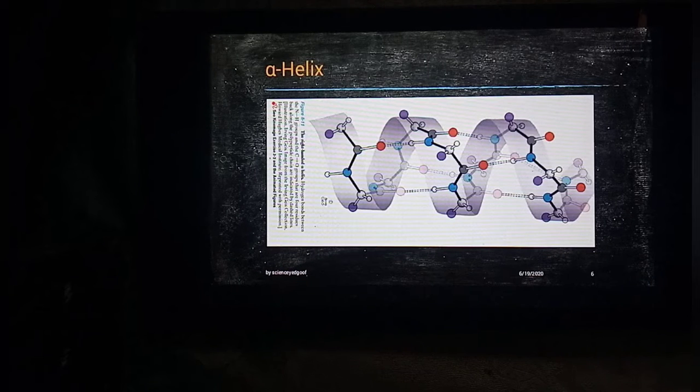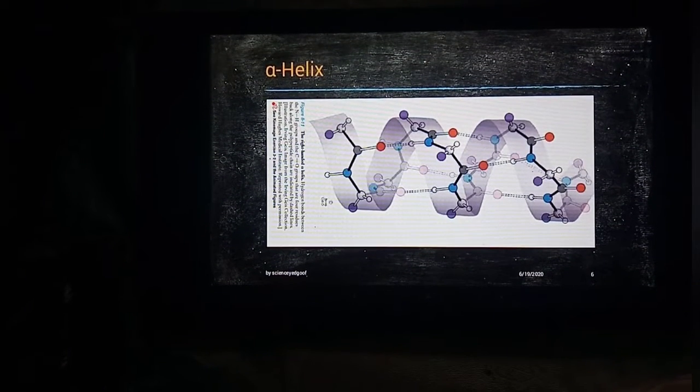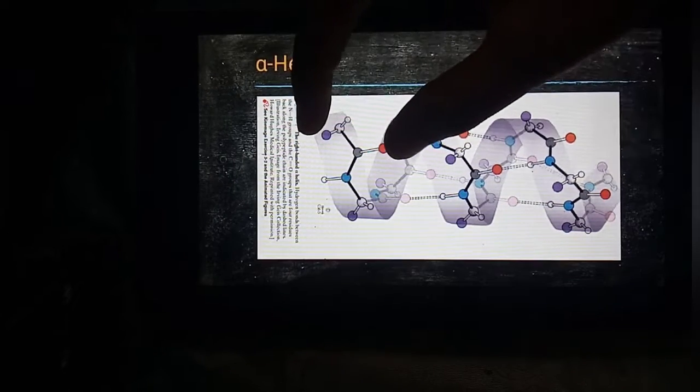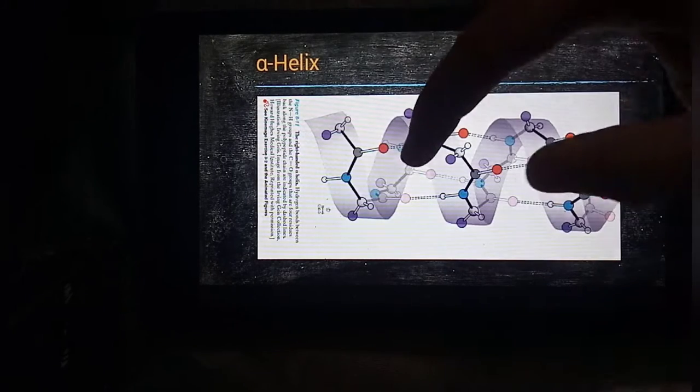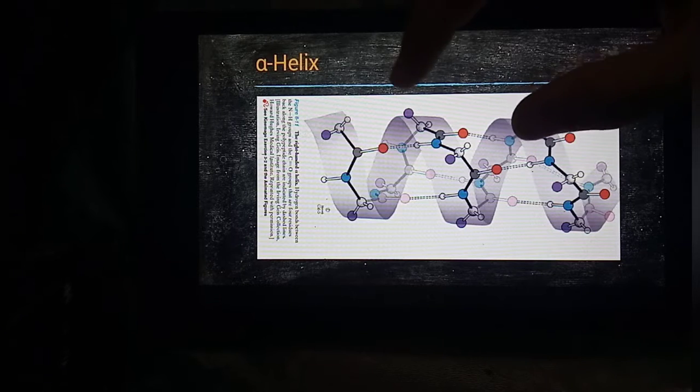And you have the hydrogen bond. The distance between the nitrogen and oxygen, the N to O distance, is 2.8 Angstrom. The axial distance between adjacent amino acids is 1.5 Angstrom, which gives about 3.6 amino acids per turn.